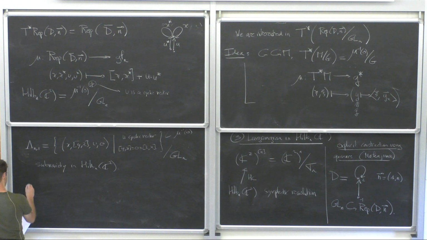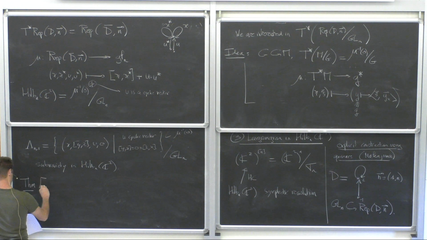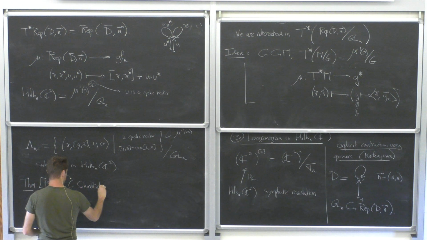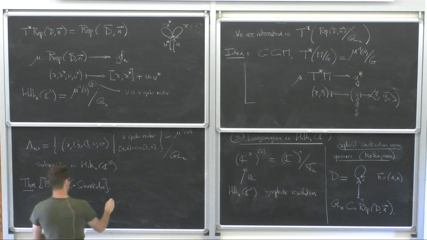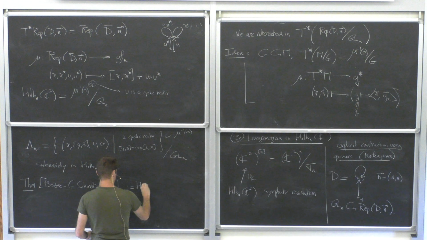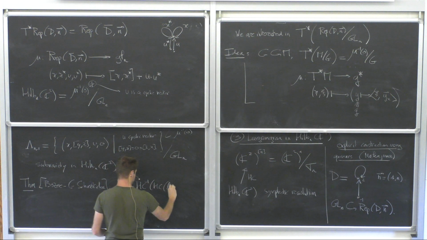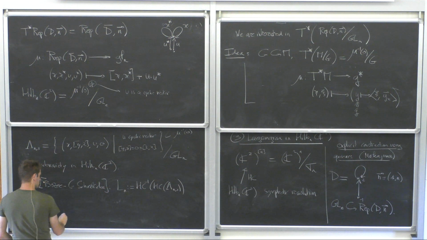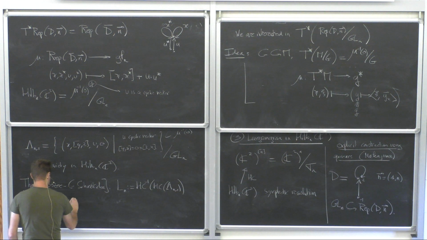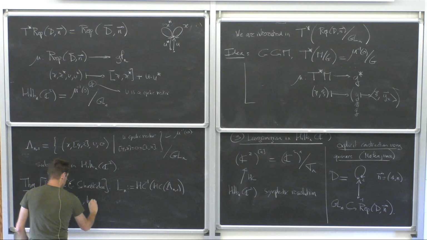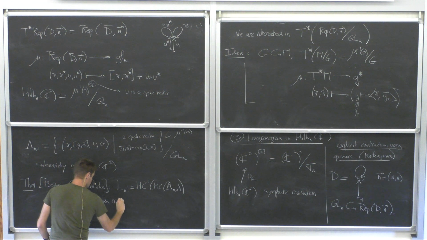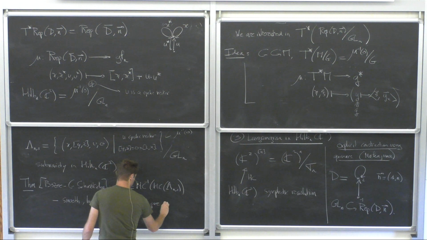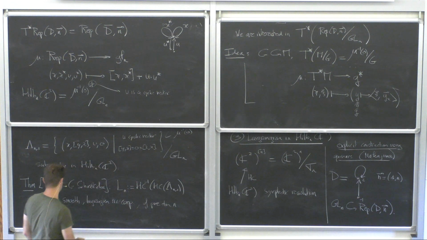So the theorem is the following. We define Ln to be HC inverse of HC of this lambda. So what it has: it has smooth Lagrangian irreducible components, of pure dimension n, but well, it's Lagrangian, so it has to be.